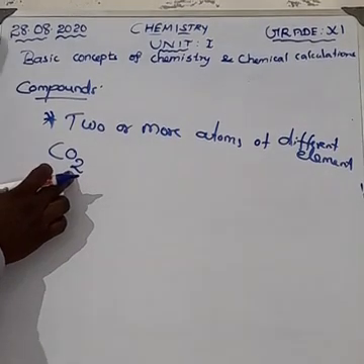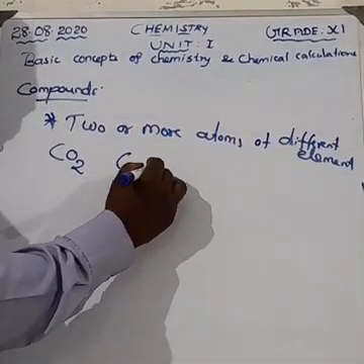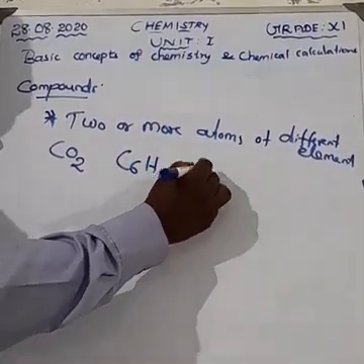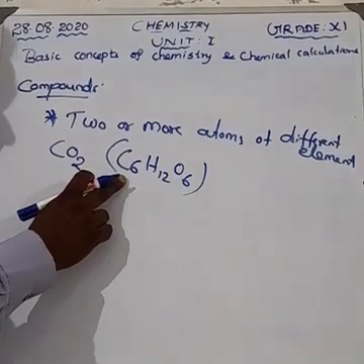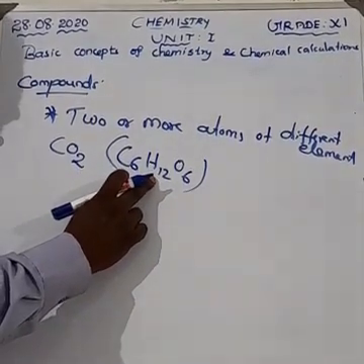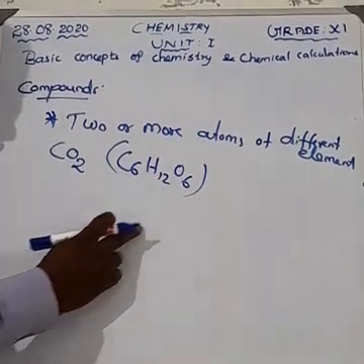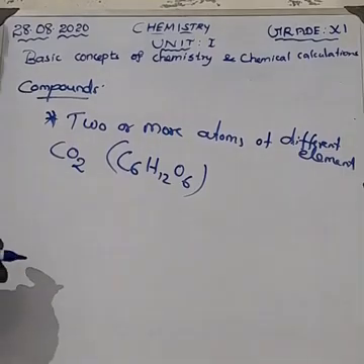Next, glucose. The formula for glucose is C6H12O6. How many carbon atoms are there? 6 carbon. How many hydrogen? 12 hydrogen. How many oxygen? 6 oxygen. So it is also a compound.